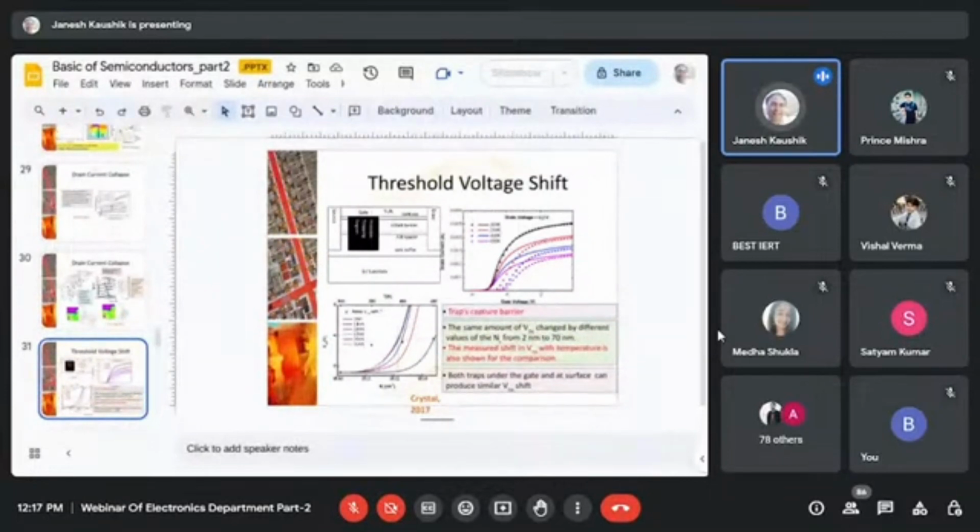So we cannot differentiate whether it is at the surface or the AlGaN/GaN interface, but in simulation we can simulate that it is at the AlGaN/GaN interface, not at the surface under the metal, but it can be present at the side of the gate metal, at the silicon nitride/AlGaN interface.